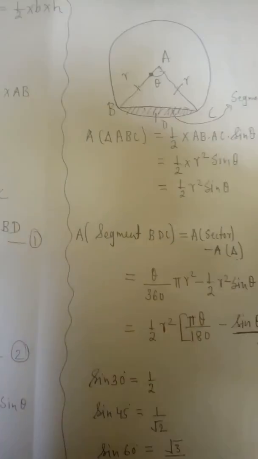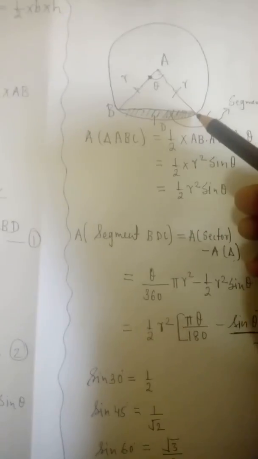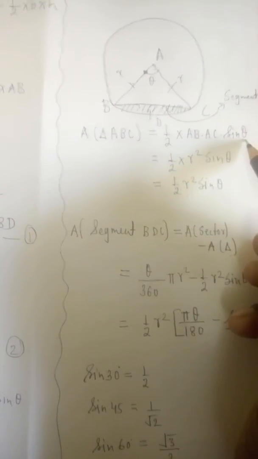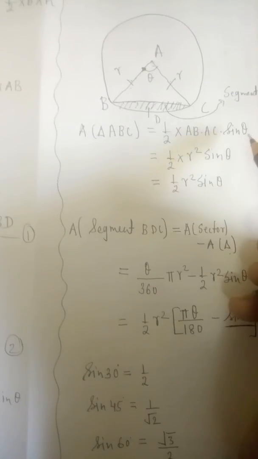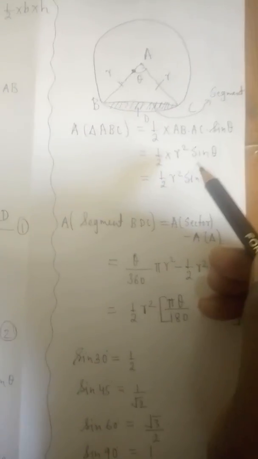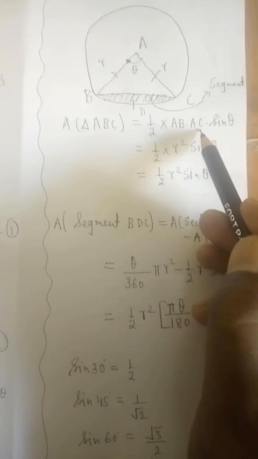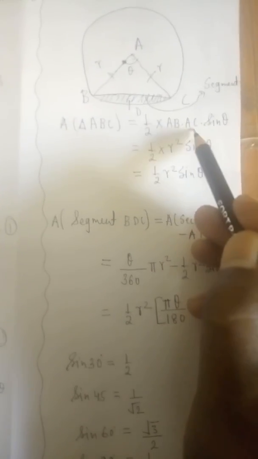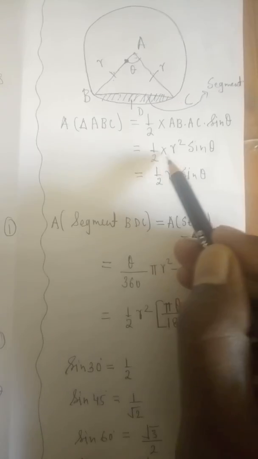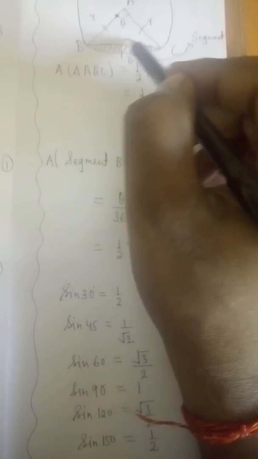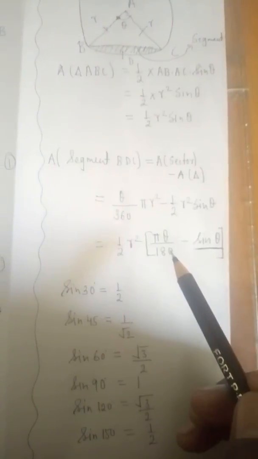So in this case, let's see what area of triangle we are getting, friends. That is half into AB into AC sine theta, but we know from the figure AB and AC are what? AB and AC are nothing but both are the radius. Therefore this will become R into R sine theta. That means half R square sine theta, right? So the area of this triangle ABC in this case will be half R square sine theta.